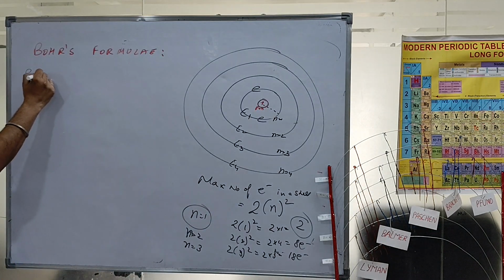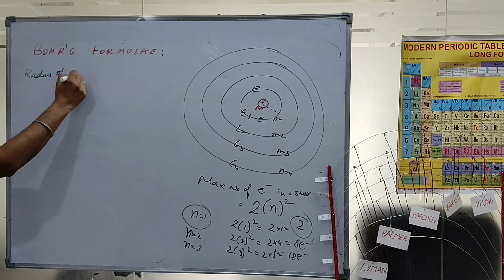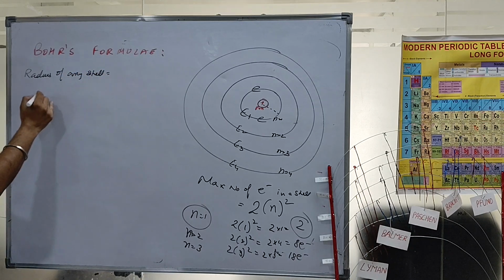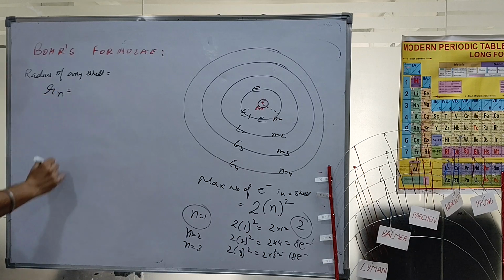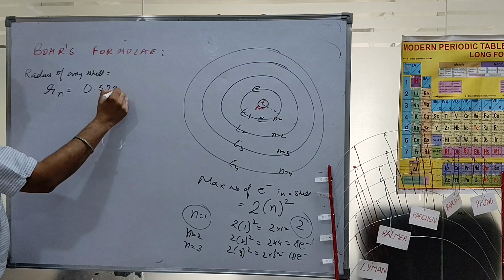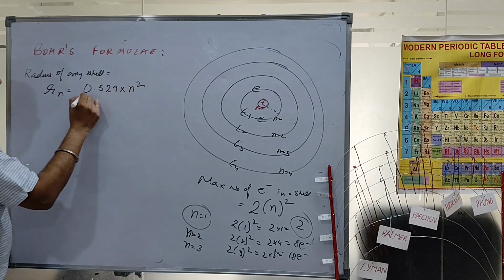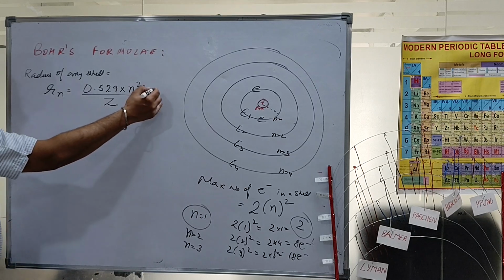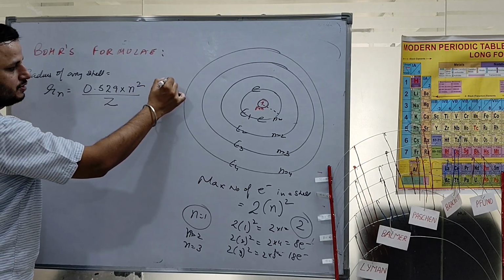The radius of any shell, Rn is equal to 0.529 into n square divided by z, and that comes in the unit Angstrom.